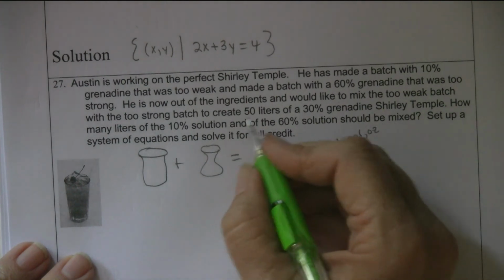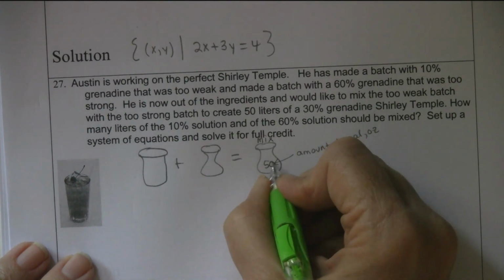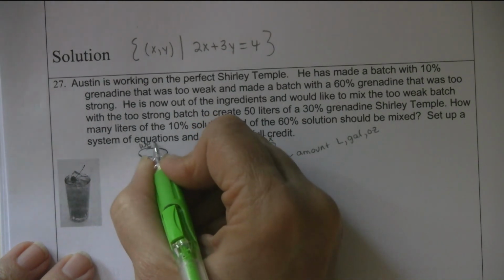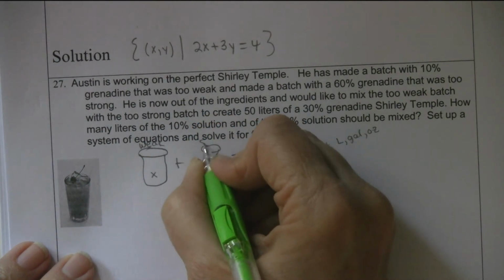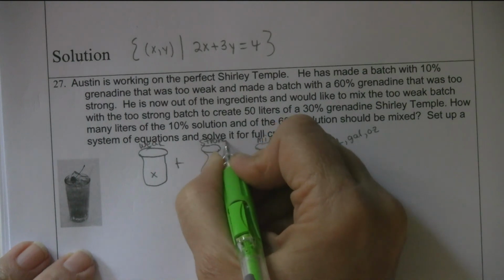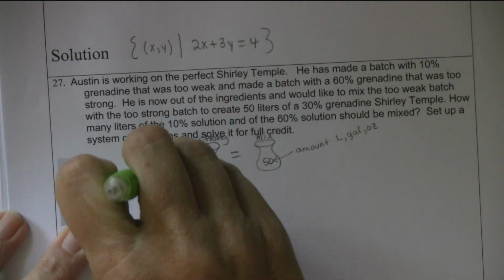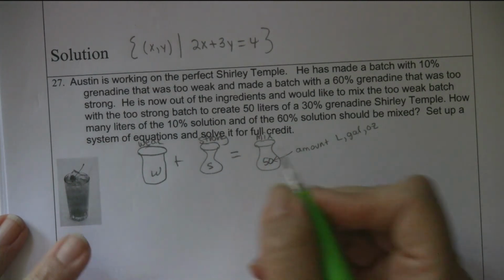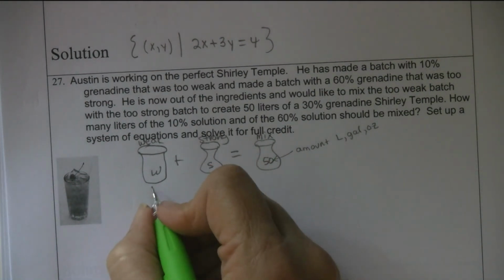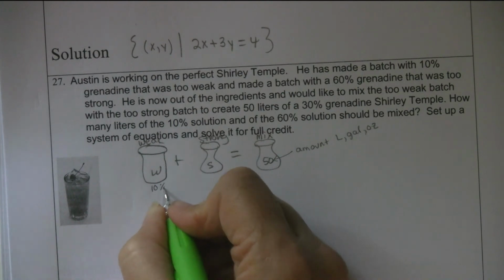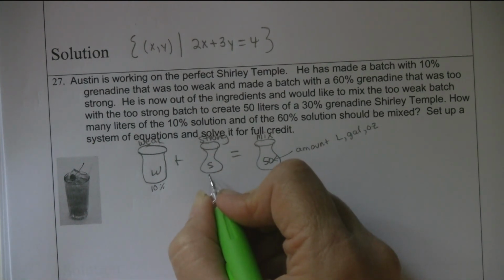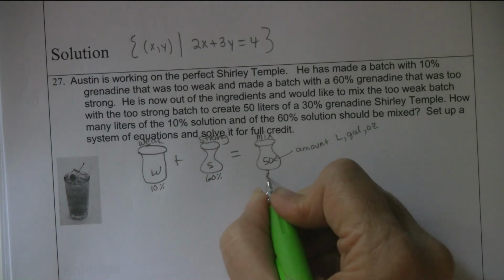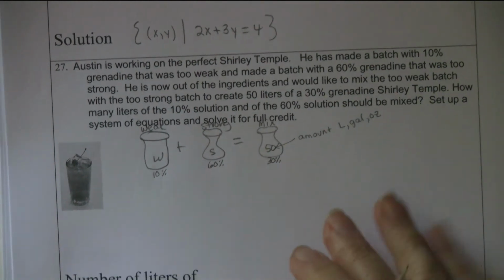In my case, it's in liters, and it's 50. This was unknown. This is going to be the weak solution, and this is going to be the strong solution. I'll call it W for weak, and I'll call the strong one S for strong. The weak one was 10%. The strong one was 60%. And the perfect was 30%. And the mixture was the perfect.